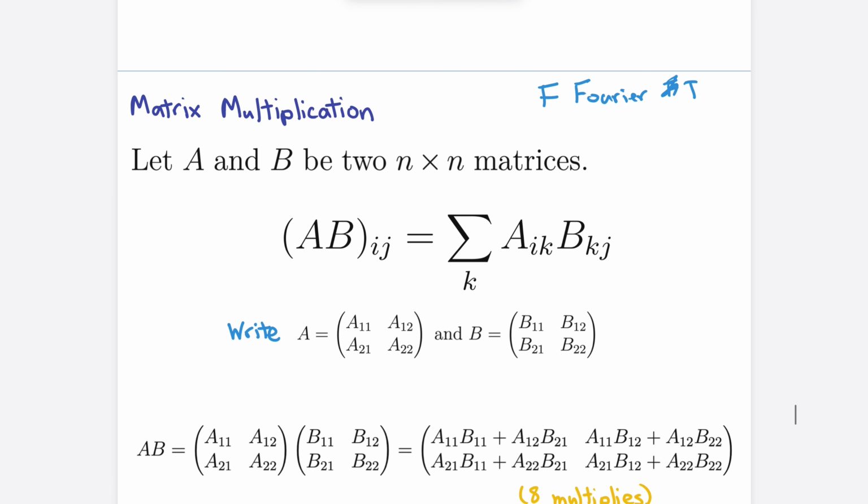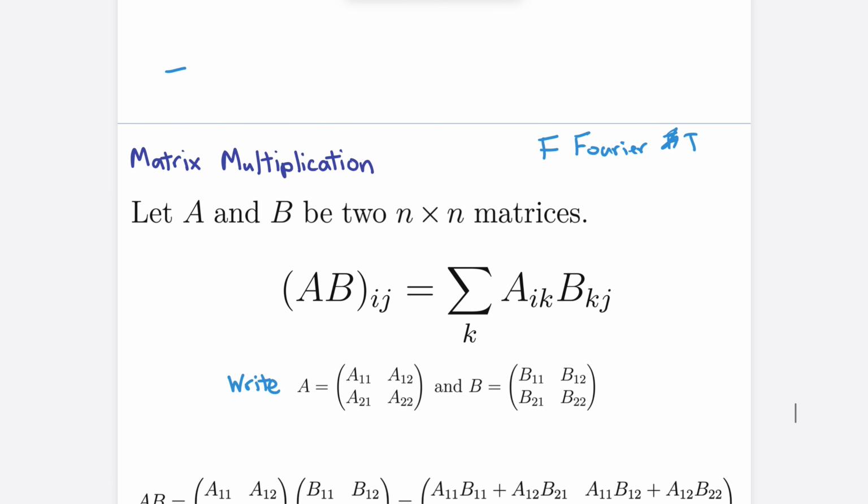So if we do something like T(n) = 8T(n/2) + O(n^2), maybe in the interest of time I won't do the recurrence tree, but you should end up with n cubed again. You haven't actually won yet, just like our first idea for Karatsuba didn't actually improve the running time.